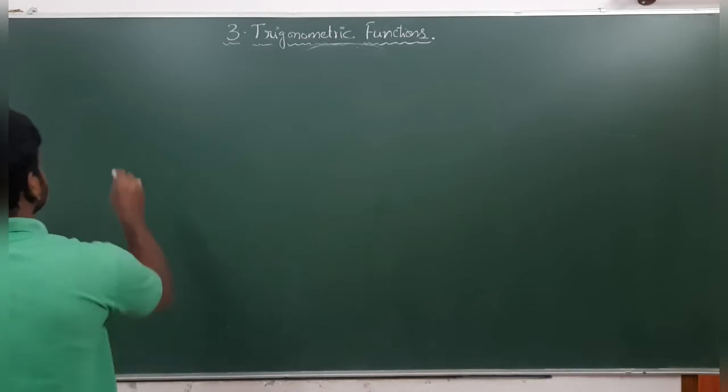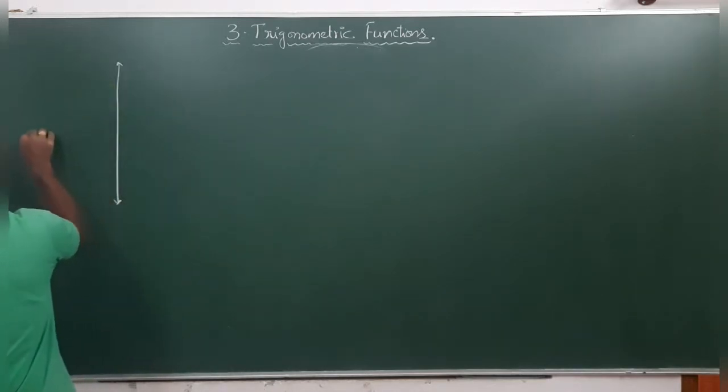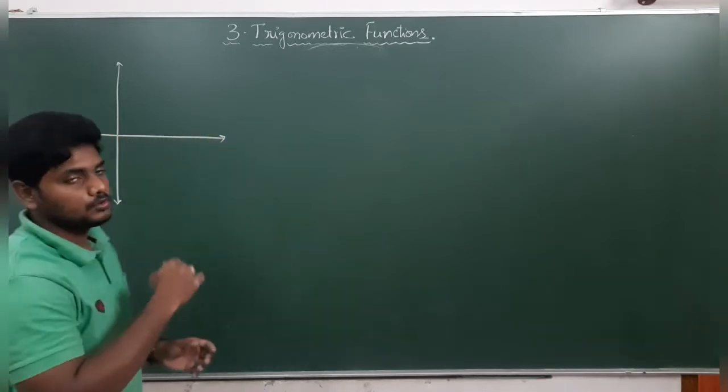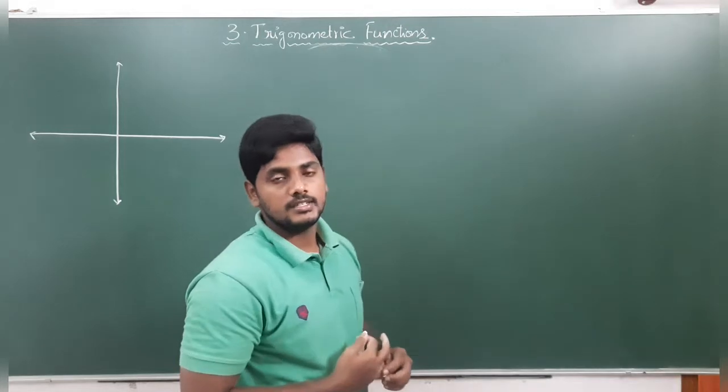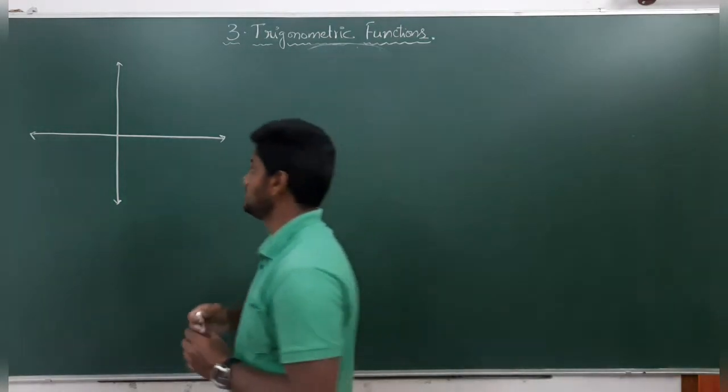Now we can remember the values of sin 90, sin 180, sin 270, sin 360, and also cosecant of minus 270, secant of minus 180. All the values you can remember by using this one.